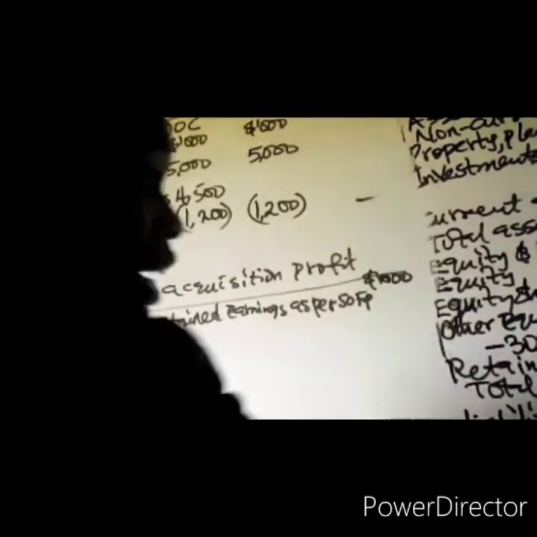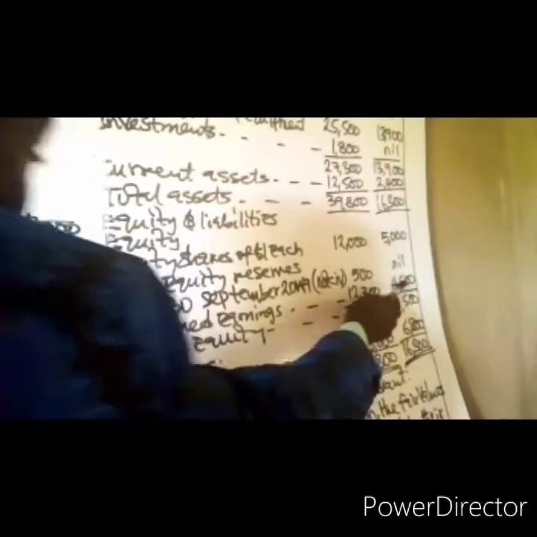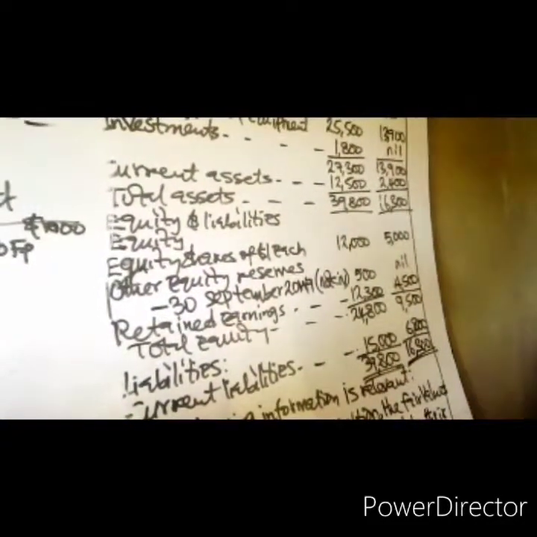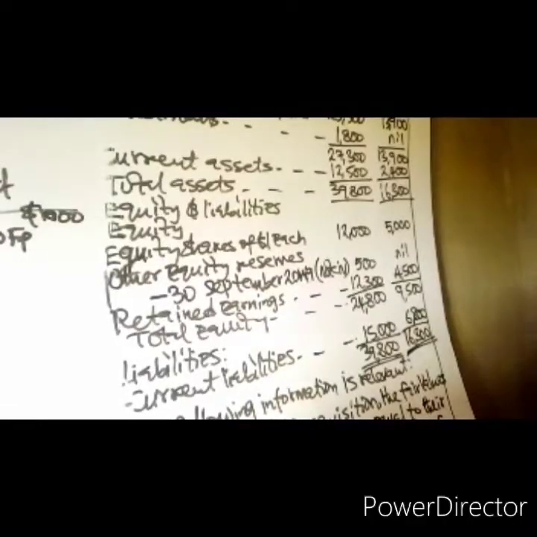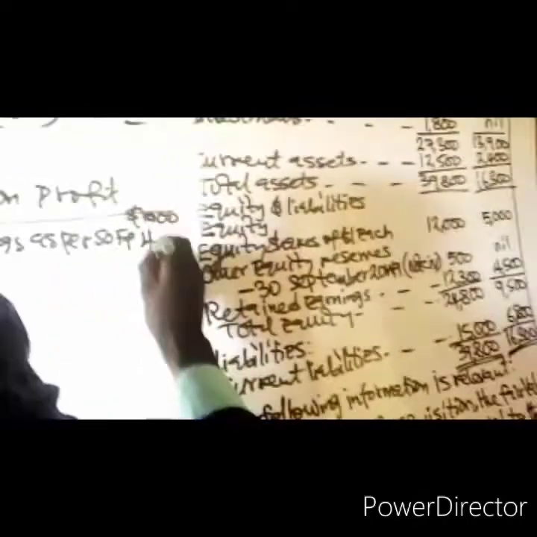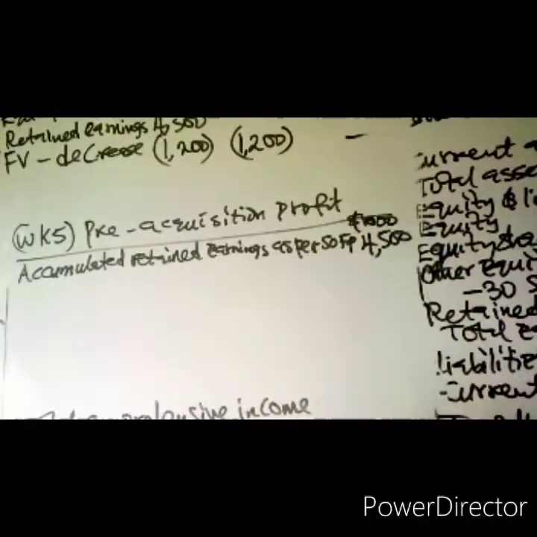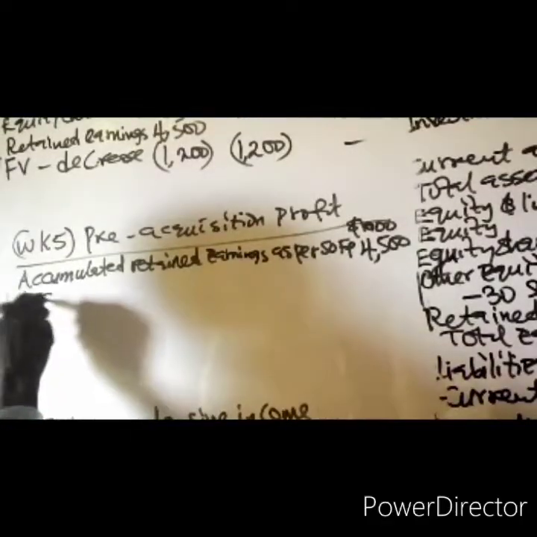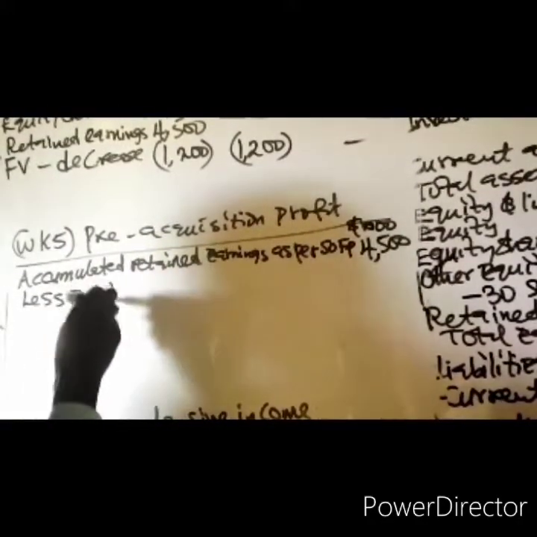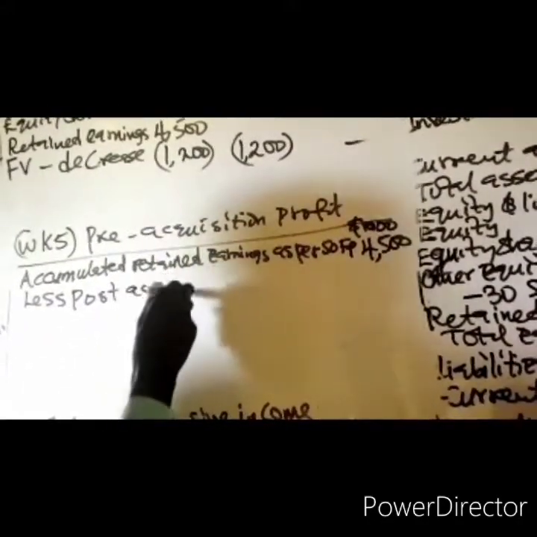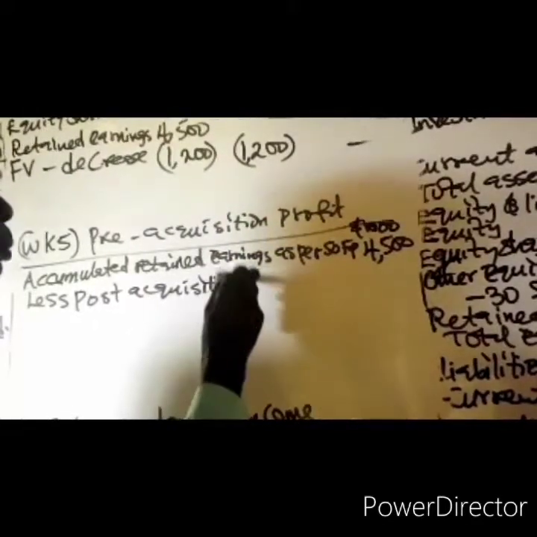The one you have in the statement of financial position is given to be 4,500. From this 4,500, you less profit of the year relating to post-acquisition, that is, the post-acquisition profit.